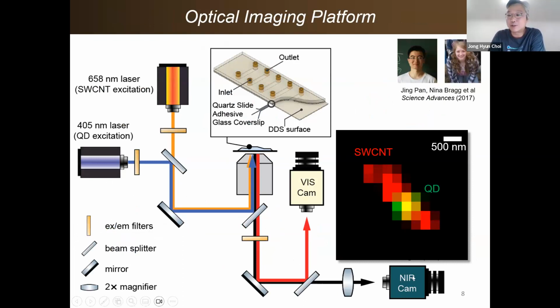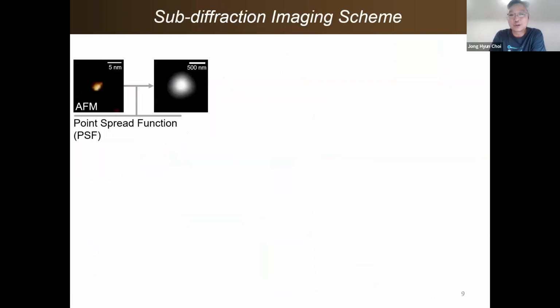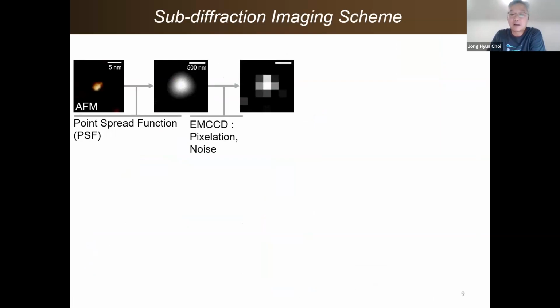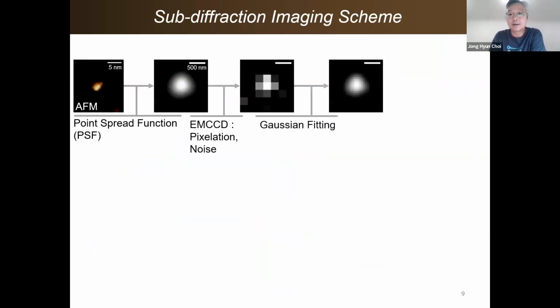We use an indium gallium arsenide camera to monitor the single carbon nanotubes, and for visible quantum dot fluorescence you can simply look at the visible luminescence using an EMCCD, but for carbon nanotubes you have to use a special camera such as indium gallium arsenide. Anyway, this is a typical immobilized single carbon nanotube and quantum dot. Obviously, you see optical diffraction, so to overcome that, we use a localization method like many others.